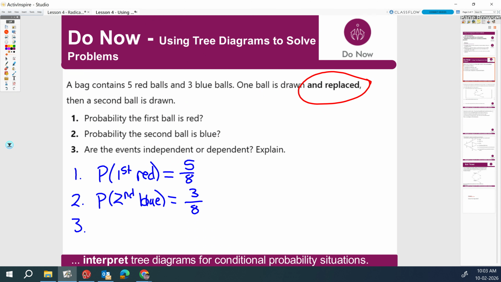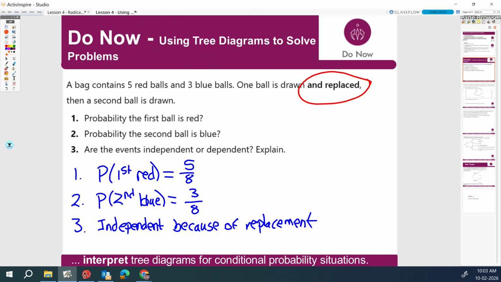So in this particular case, the events are independent. And this is because of replacement.